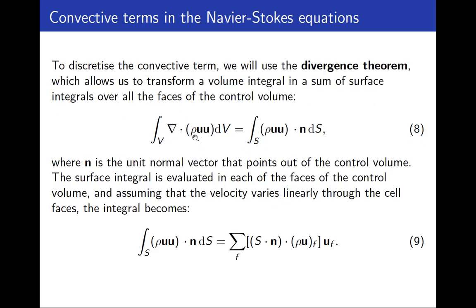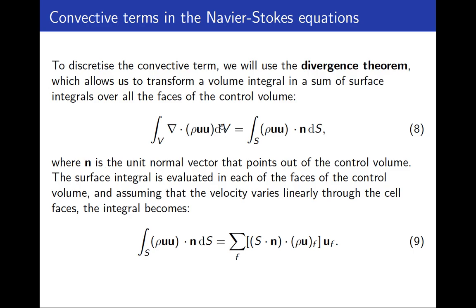I already explained this in one of my previous videos, but just as a quick reminder: this term between brackets is the convective flux of momentum in each point of our cells. If you obtain the divergence of a flux, you obtain a flow of momentum in each point of your control volume.